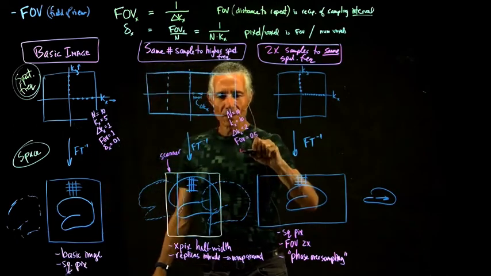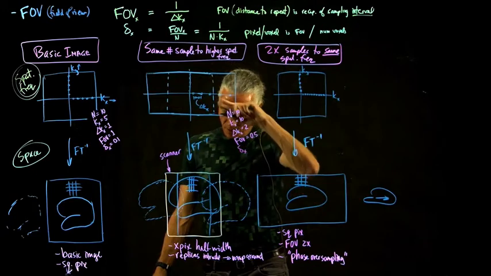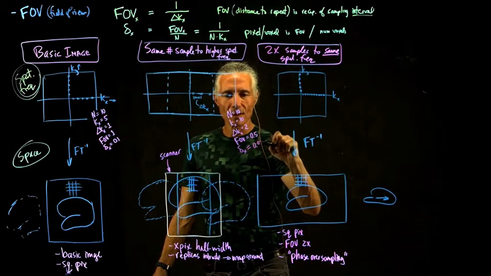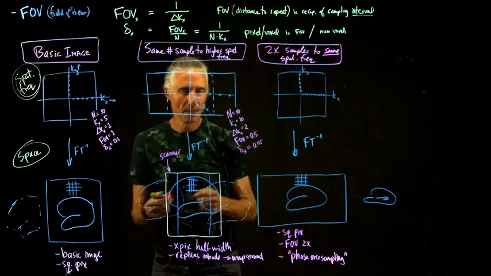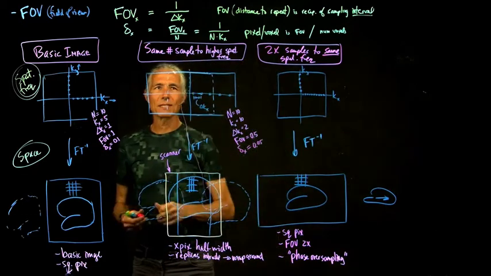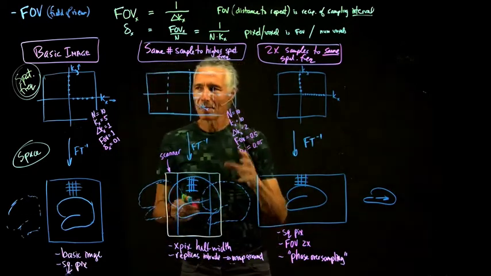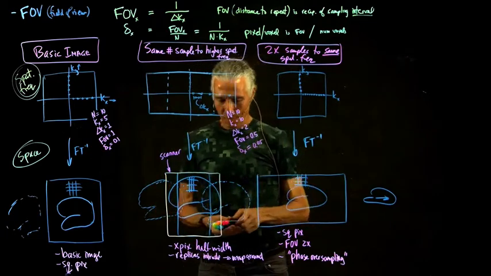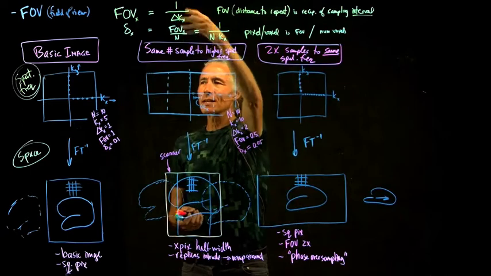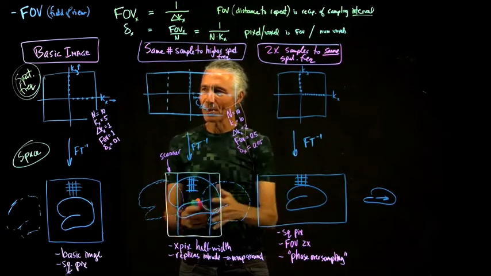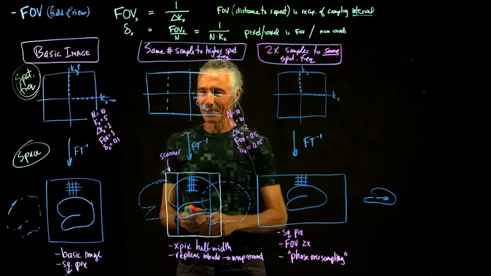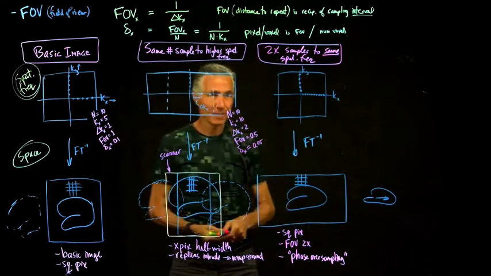And the pixel size also got half as big, so now it's 0.05 instead of 0.1. You can see those equations are just mind-numbingly simple, just reciprocal. You can think of it as bigger here, smaller here. That's the way a reciprocal is.